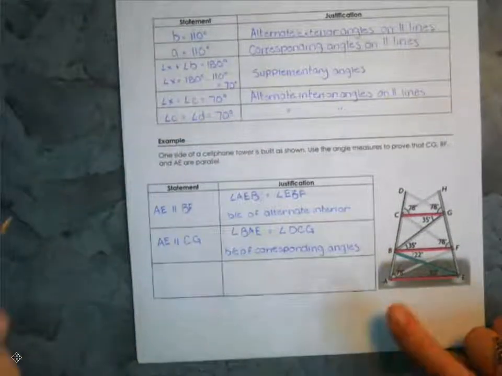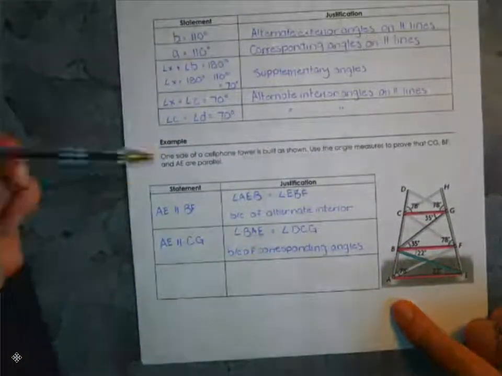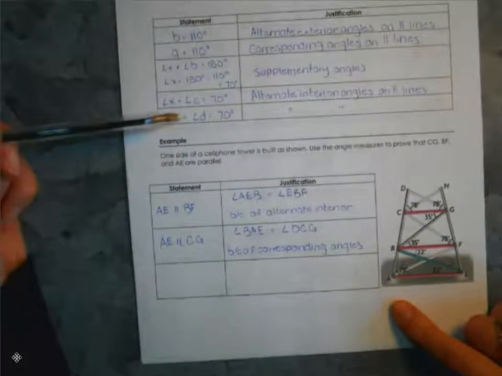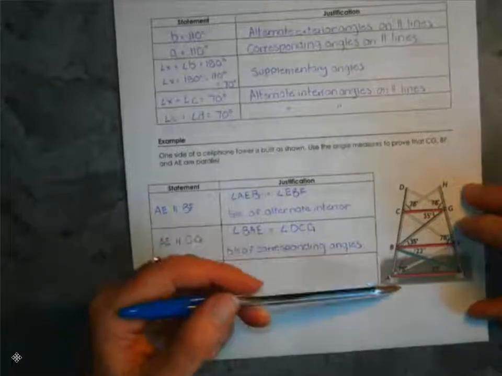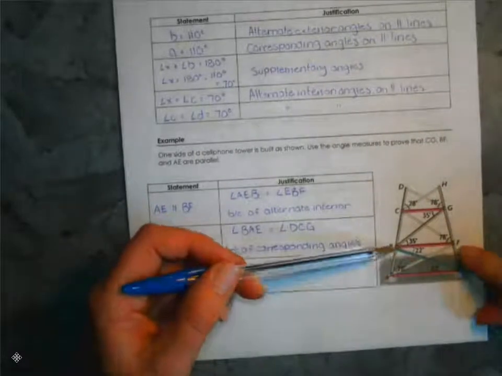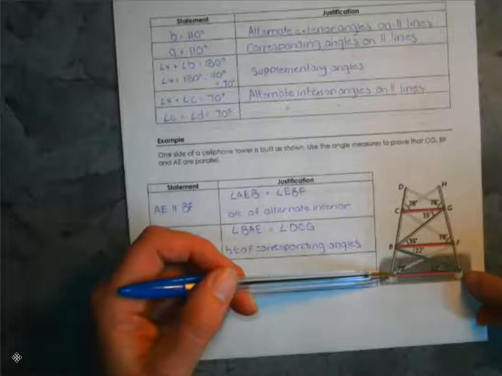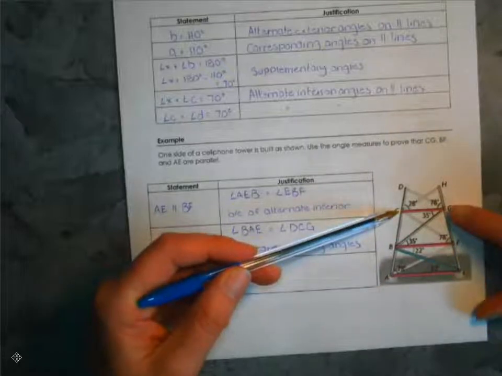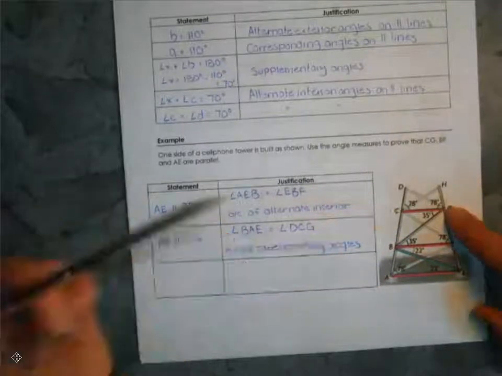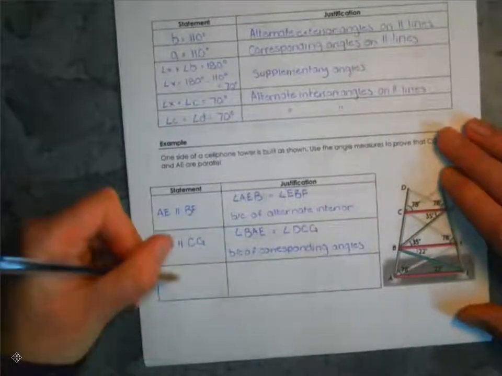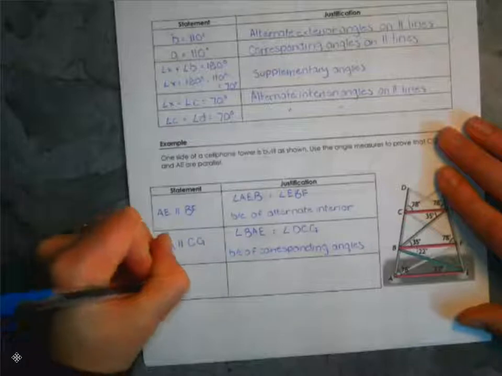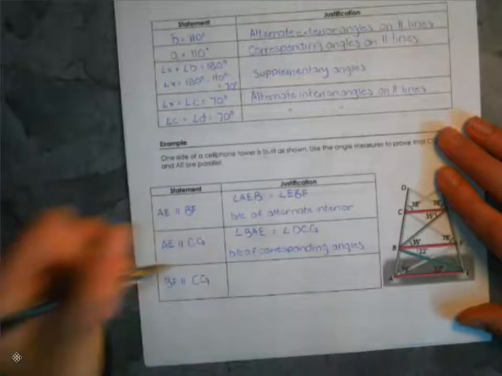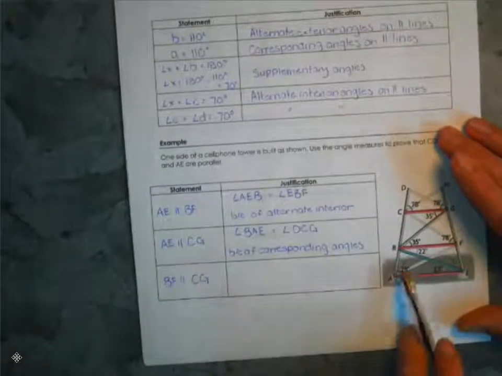Okay, so now my last proof has to include this BF one. And so all I can say here is that if AE is parallel to BF, and AE is parallel to CG, then BF also has to be parallel to CG. And if you can remember what the name of that property is, we haven't covered it super well yet, but we looked at it on the previous page.